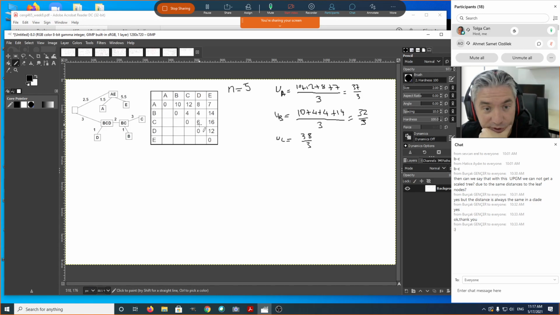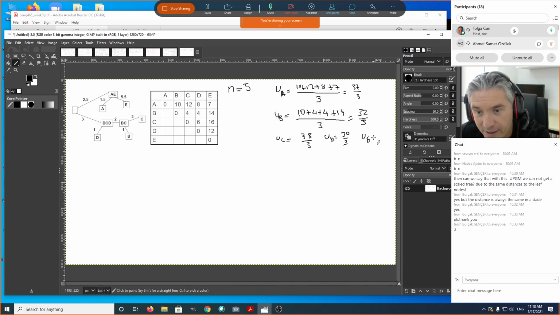And UD: UD is equal to 18 from here, 12 from here, so it's 30. 30 divided by 3, which is 10. But I will just leave them as divided by 3 to be able to compare them.